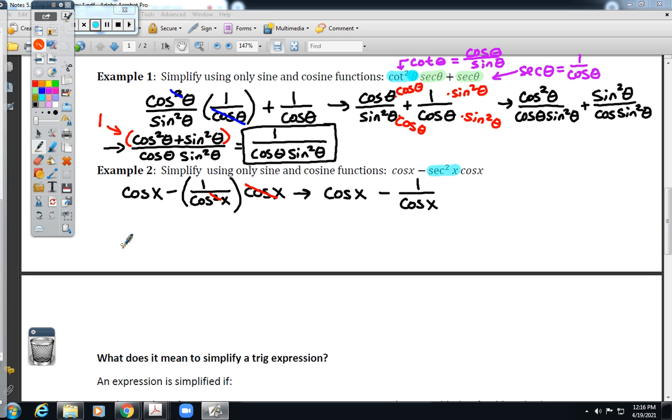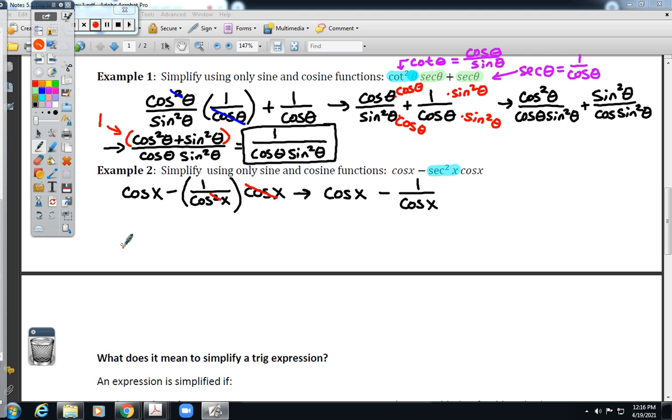Because one's on top, one's on the bottom. If we have the same thing on the top and bottom of any expression, it can be canceled, just like we're reducing a fraction. We basically ended up with cosine divided by cosine squared. That's cosine from the top and bottom can cancel.